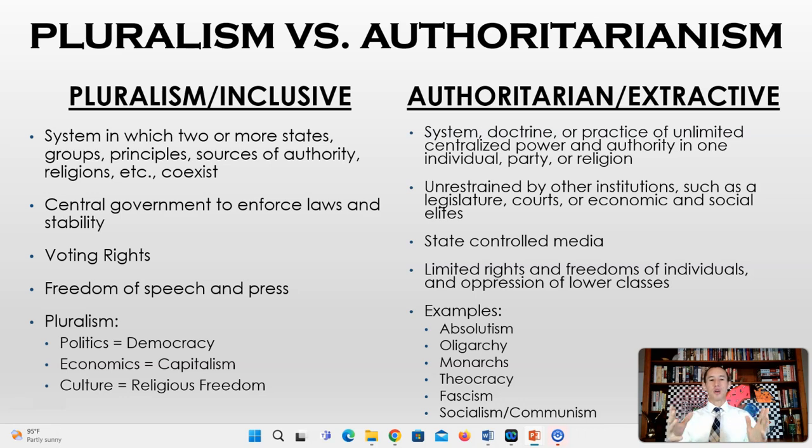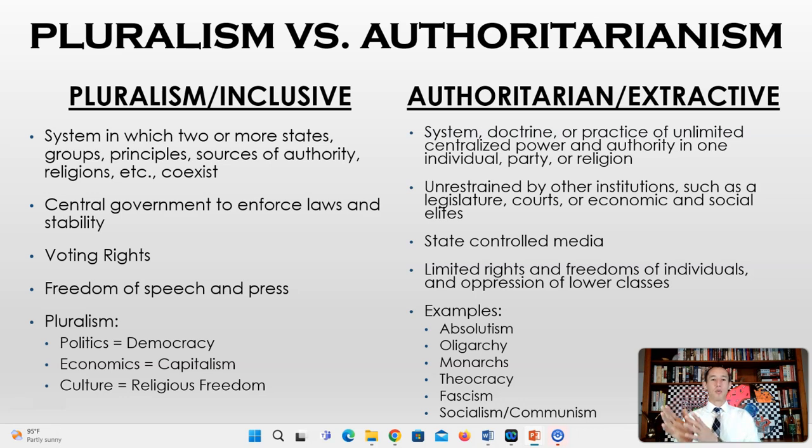And so it's a process. But fundamental to that also is freedom of speech and freedom of the press. When an authoritarian government takes over, or when an individual takes over government, one of the very first things that they do is they take over the press, they take over the media.